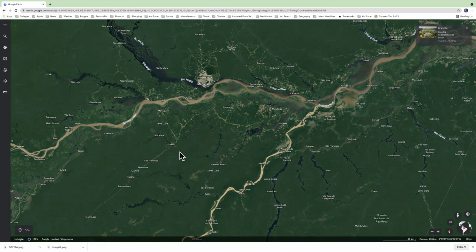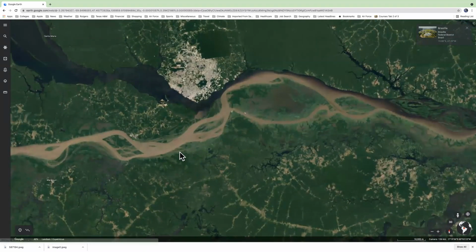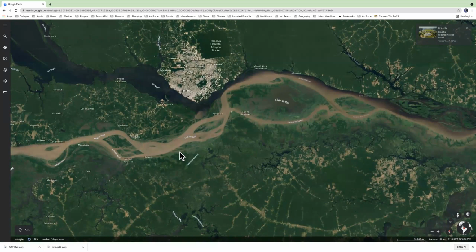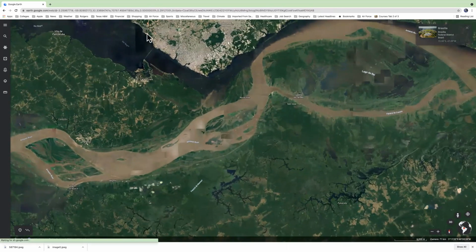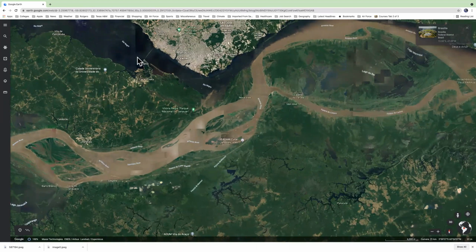By the way, something that Google Earth allows you to see very well is this is called Rio Negro, Black River, and this is the Amazon. Look at the color difference. That's real water. The water is really dark, and that's a function of some of the materials that leach into it.